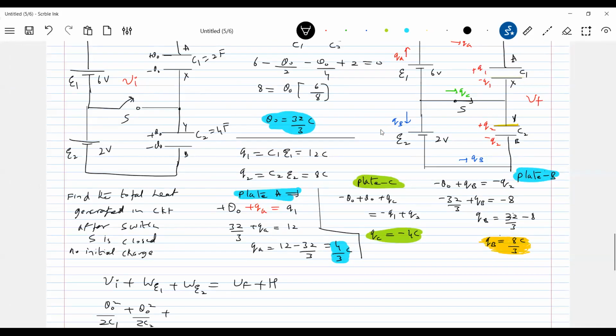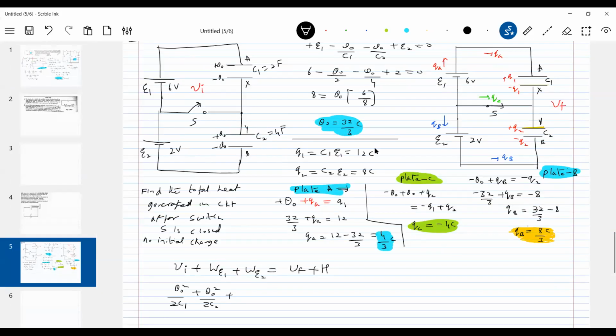Almost all multiple ideas are there in this question. Try to concentrate here. So you write QA into E1. What about QB? Positive charge enters the positive terminal, so therefore this should be negative. QB E2 equals finally Q1 square by 2C1, Q2 square by 2C2 plus H. Solve it later on. This is the heat generated.